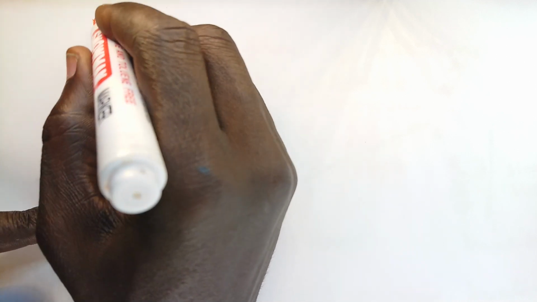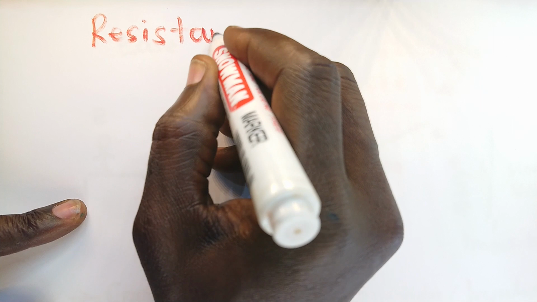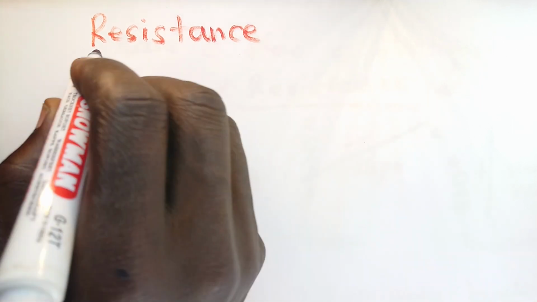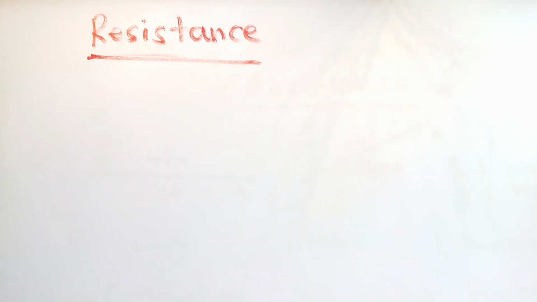Now, okay, so I have mentioned resistance. I think at this point you should be able to understand resistance. Just the way I told you that how steep a slope is shows you how hard it is for you to climb it or walk on it.